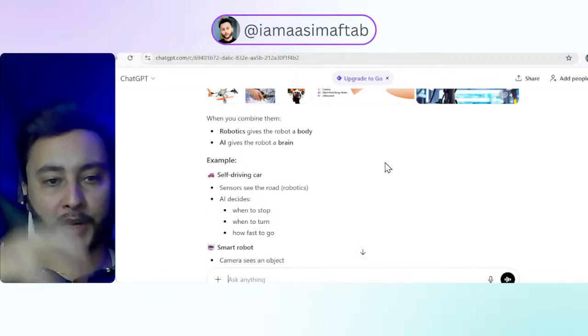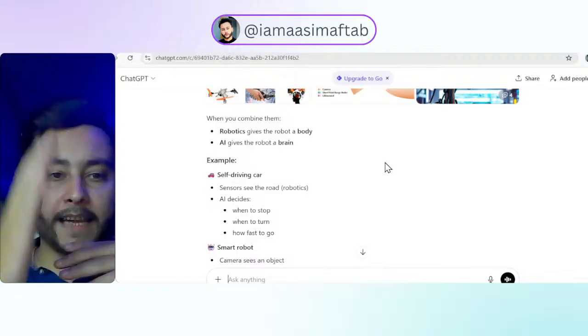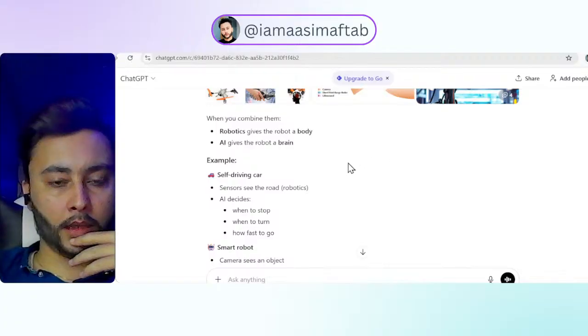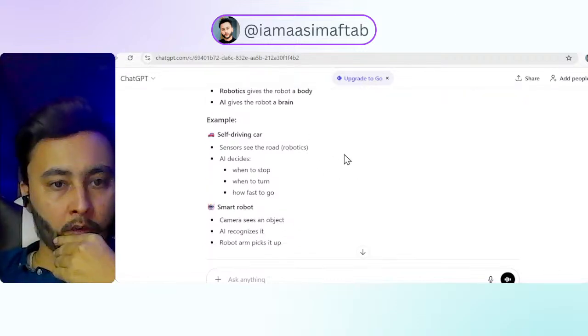When you give a brain to a robot, it will think on its own, trained on data, and take decisions. Based on those decisions, robots will pick an object, make your bed, or clean your room.